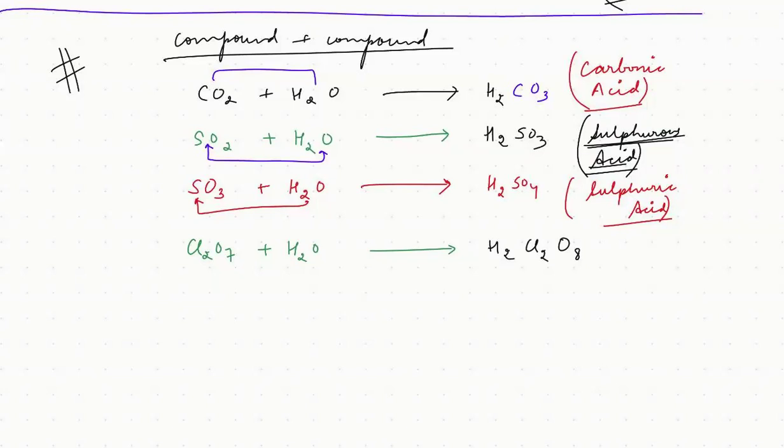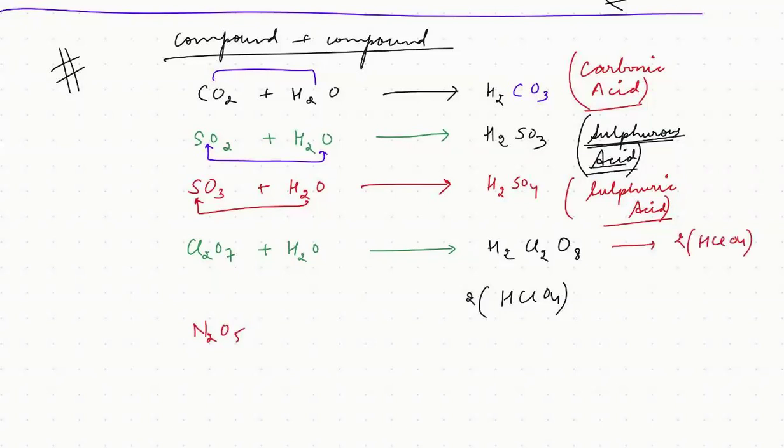Now what do you do? You take out 2 common. You will have HClO4. Got the point or not? Yeah. So it will be 2 HClO4. Your answer shouldn't be H2Cl2O8, it should be 2 HClO4.